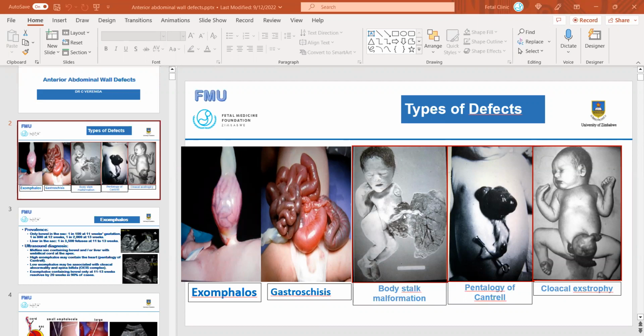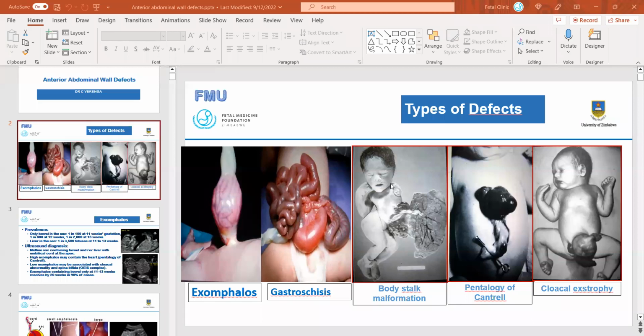The liver is directly feeding on the placenta. The umbilical cord may not even be seen or may be very short for these babies. They have severe deformities, especially of the spine. They are severely deformed. It is a lethal body stalk anomaly.